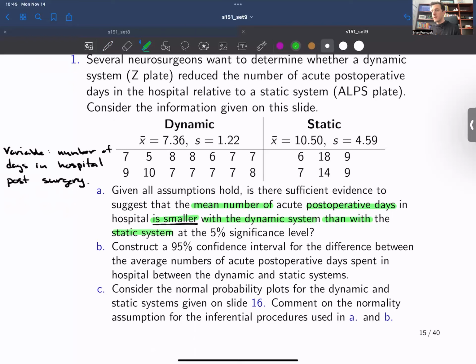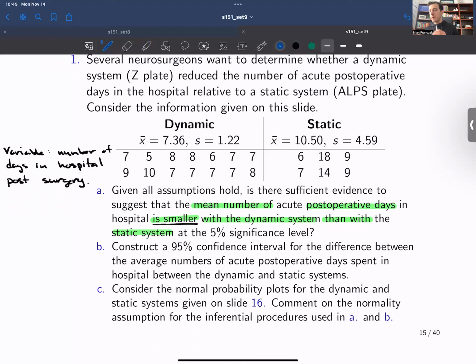So we are asking, is there evidence at the 5% significance level that the mean number of days spent in hospital on the dynamic system is smaller than the mean number of days spent in hospital on the static system? Okay, so we're going to formulate a hypothesis test to answer this question.